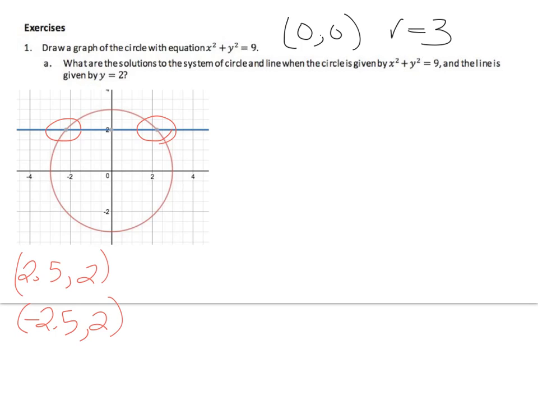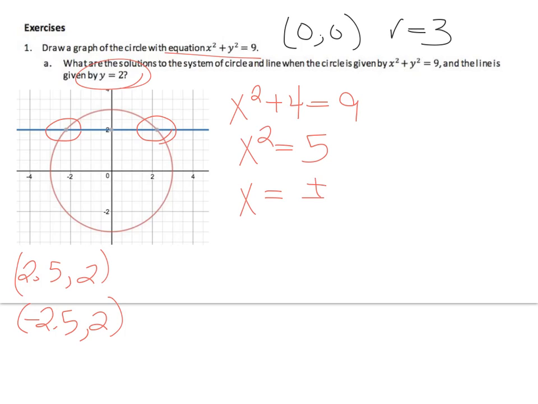But if we go ahead and try to solve it algebraically, we're going to put y equals 2 into our equation. x squared plus 4 equals 9. x squared equals 5. x equals plus or minus the square root of 5. I don't have that one memorized, I apologize. I know it's 2 point something, 2.23.